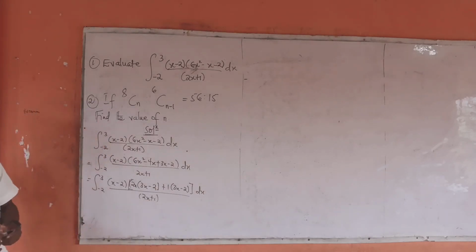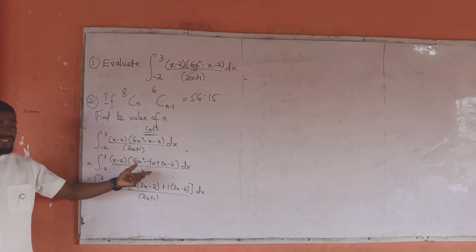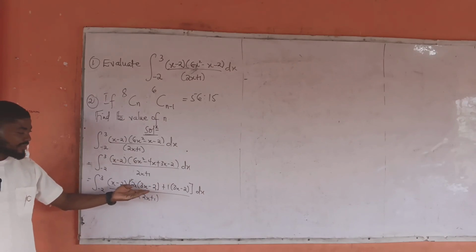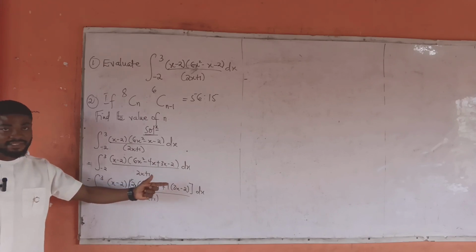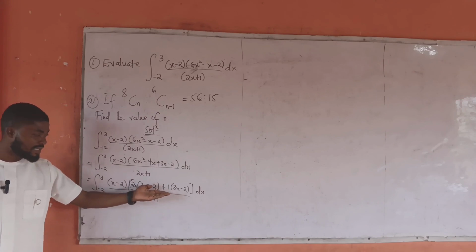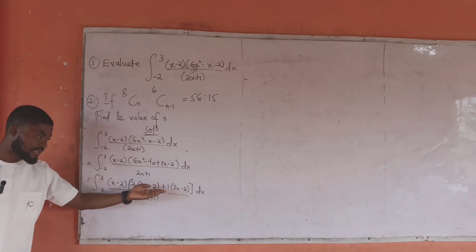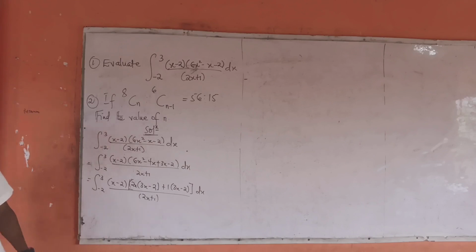So I see 2x common to 6x squared minus 4x. When I factorize, I get 3x minus 2 in the first bracket. 1 is common to 3x and minus 2, so when I factorize that one also, I get 3x minus 2 in brackets.